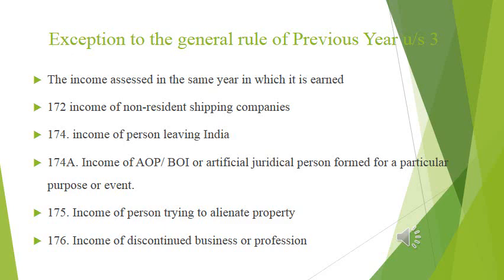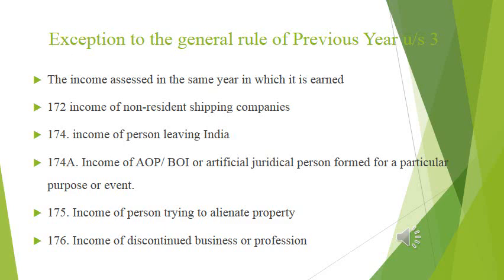We know that the general rule is that income earned during the previous year is assessed in its relevant assessment year, whereas in these cases income is assessed during the same year in which the income is earned. Clear? First one, that is section 172, income of non-resident shipping companies. Any income of non-resident shipping companies is assessed in the same year in which it is earned.